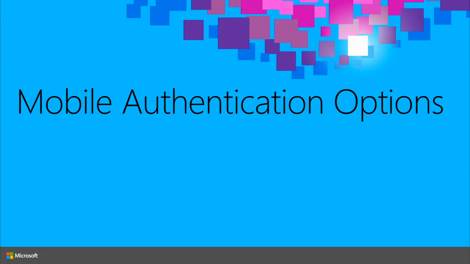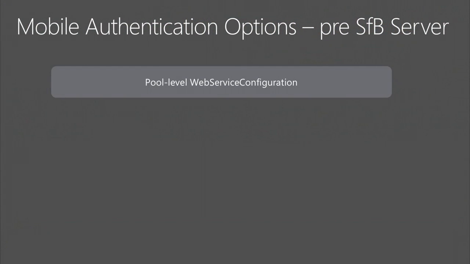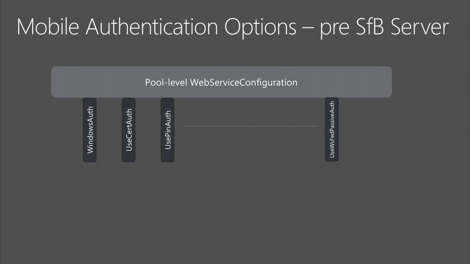Switching gears a little bit, we introduced a feature called passive auth in 2013 CU1. When you configure passive auth, we had a configuration limitation where, actually it's better if I explain it through the visual. The configuration involved using web service configuration, and it has flags which are Windows auth, cert auth, pin auth, and then you have the WS-Fed passive auth that we introduced in 2013 CU1.